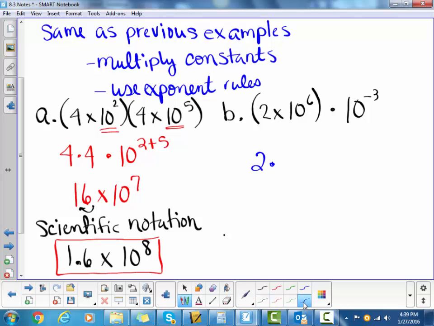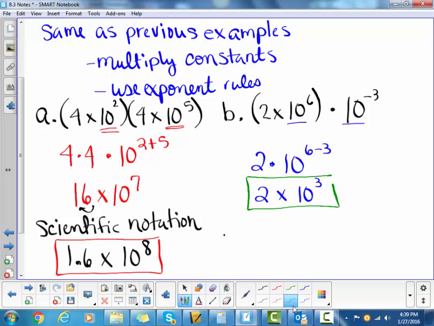So again, the bases are the same, so I am going to add those exponents. And I end up with 2 times 10 to the power of 6 minus 3, or 2 times 10 to the 3rd. And that's it.